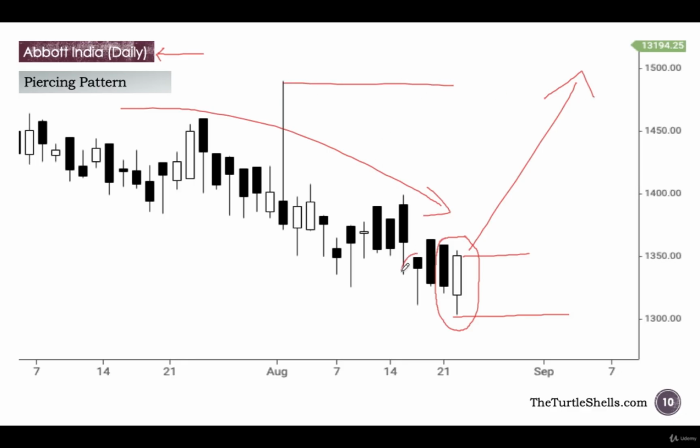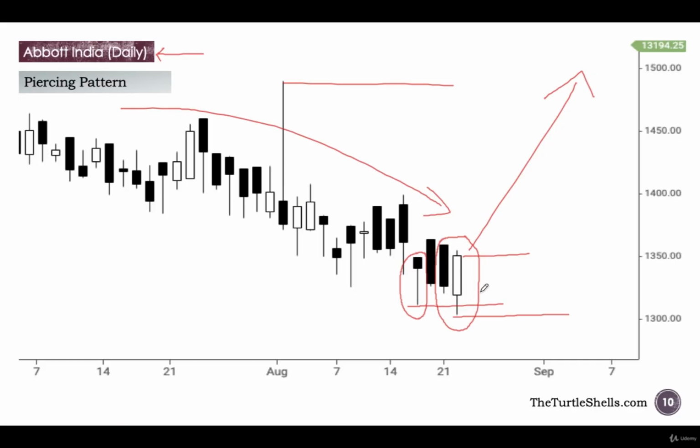Notice the hammer here. This hammer is a classic hammer which did not work out, in the sense that the stop loss was hit, but the hammer's low was respected by the piercing pattern. So if we were to take a long position on this hammer by keeping our stop loss below the low of the hammer, our stop loss would be hit. That is the reason why it is very important to keep a stop loss.